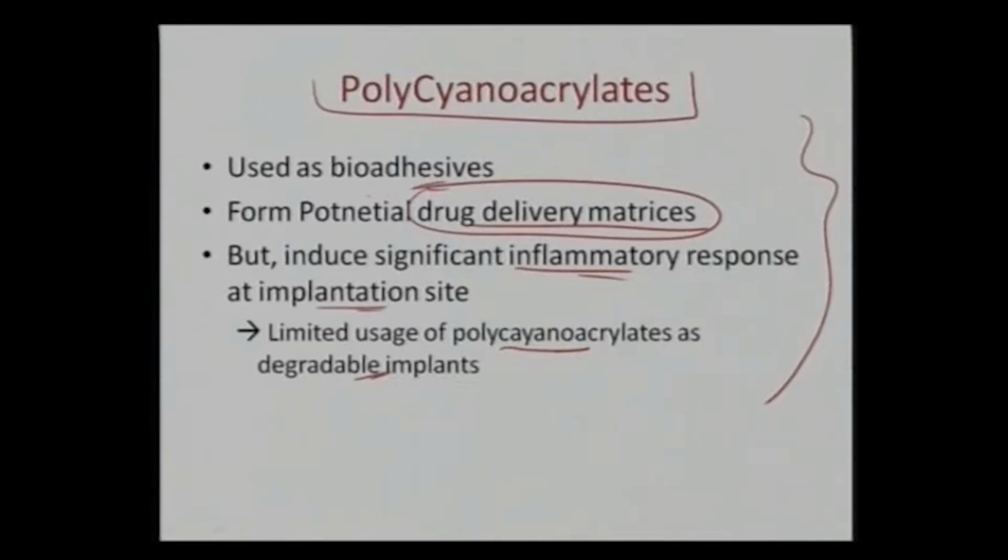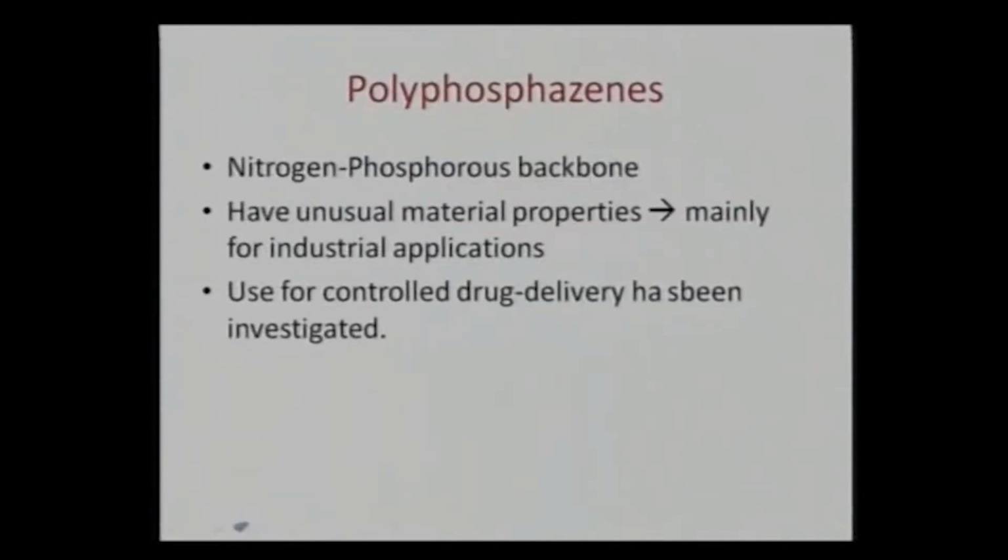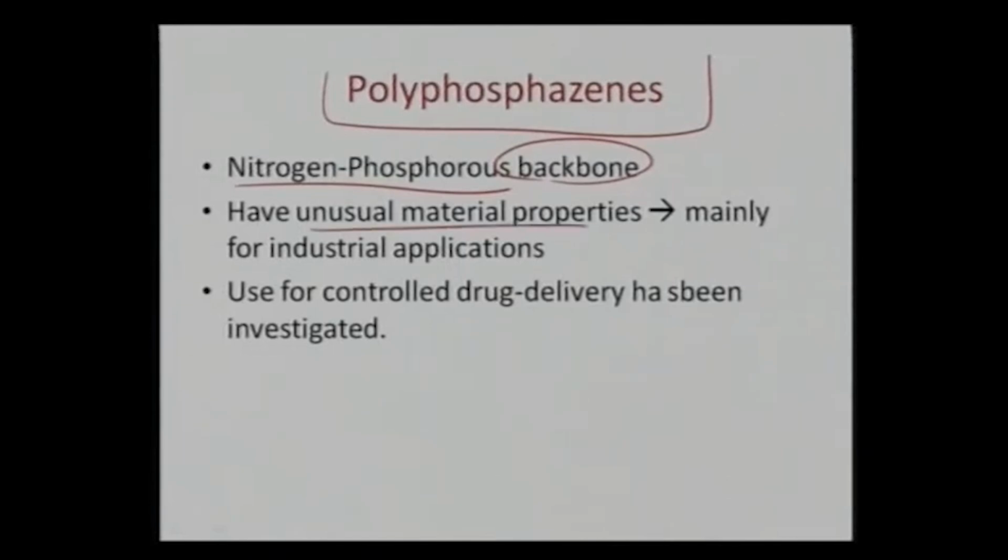as a biodegradable implant. Then again, the next class of biodegradable polymers is polyphosphazenes, and this is made up of the nitrogen phosphorus bond, which forms the overall backbone of this particular polymer. They generally have very unusual material properties, and they tend to be mainly utilized for industrial applications.